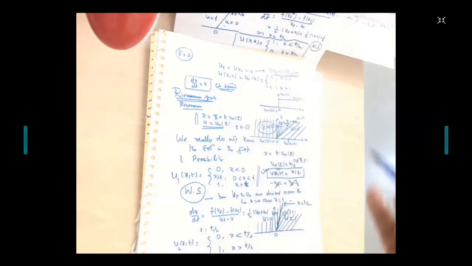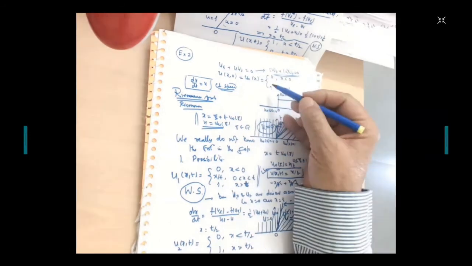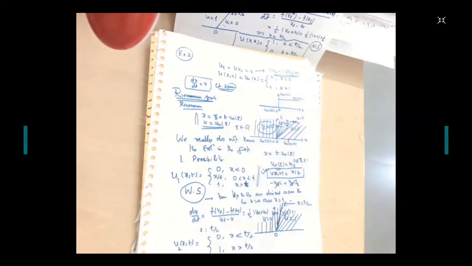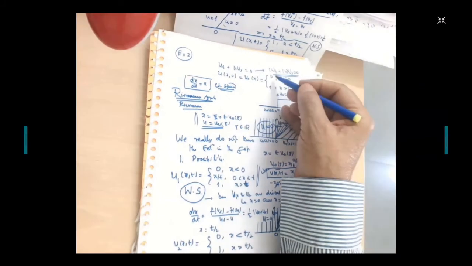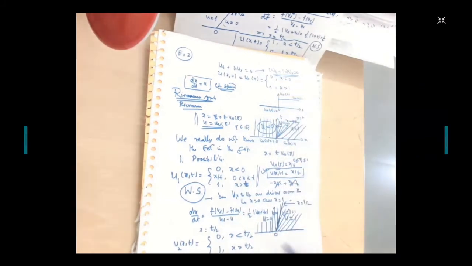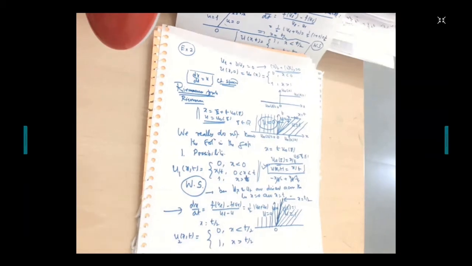You can see that the initial condition is satisfied, right? On the left it is 0, on the right it is 1. And what remains is this discontinuity, and this discontinuity satisfies our RH condition, which we have derived from the conservation law, and therefore this precisely is another correct solution.